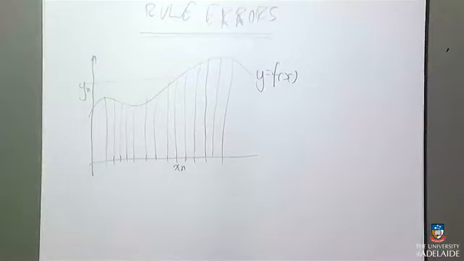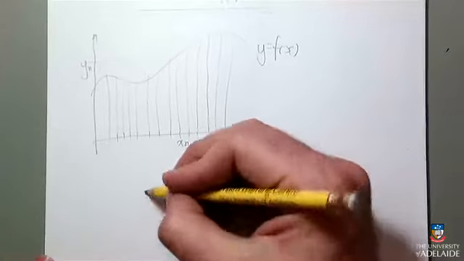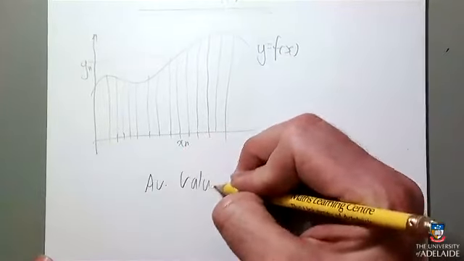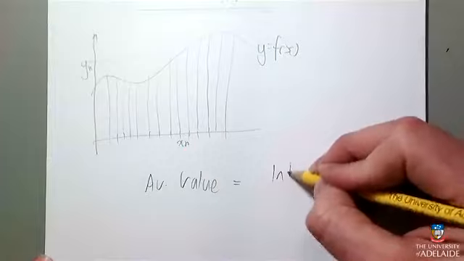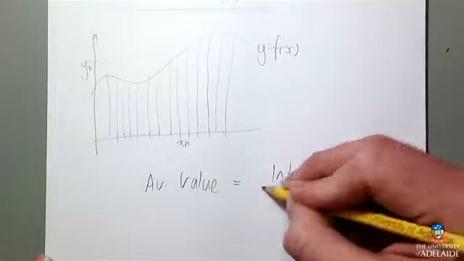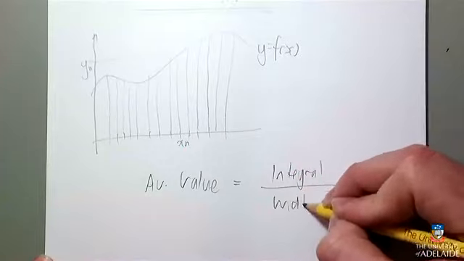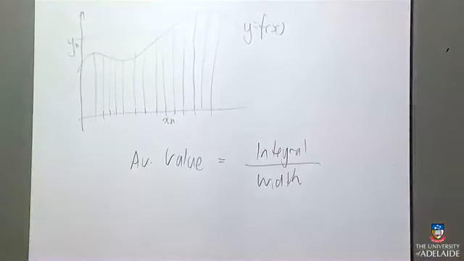Both the Simpson's rule and the trapezoidal rule are philosophically based on attempting to calculate the integral from the average value. The theory says that the average value is going to be the integral divided by the width, for any interval at all, whether it's a big one or a small one.